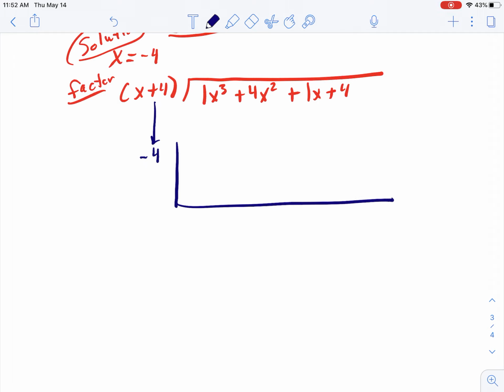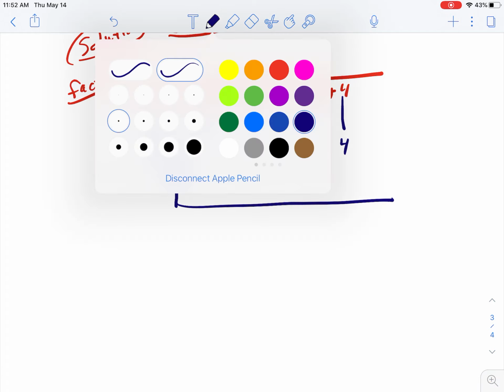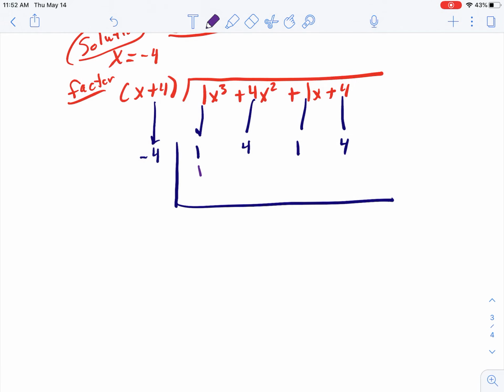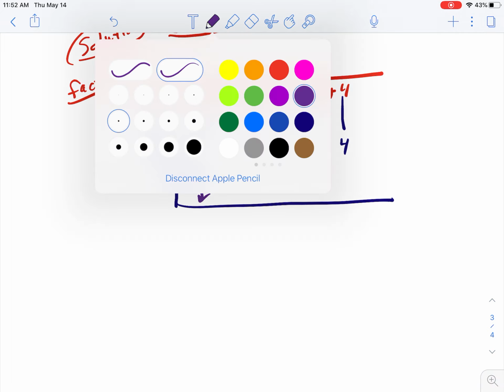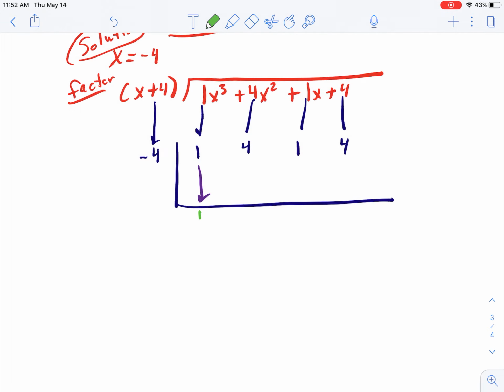Change your signs, -4, 1, 4, 1, 4. Okay, and begin. That's the same color, let's do green. 1. So -4 times 1 is -4, and 4 plus -4 is 0. 0, 1.